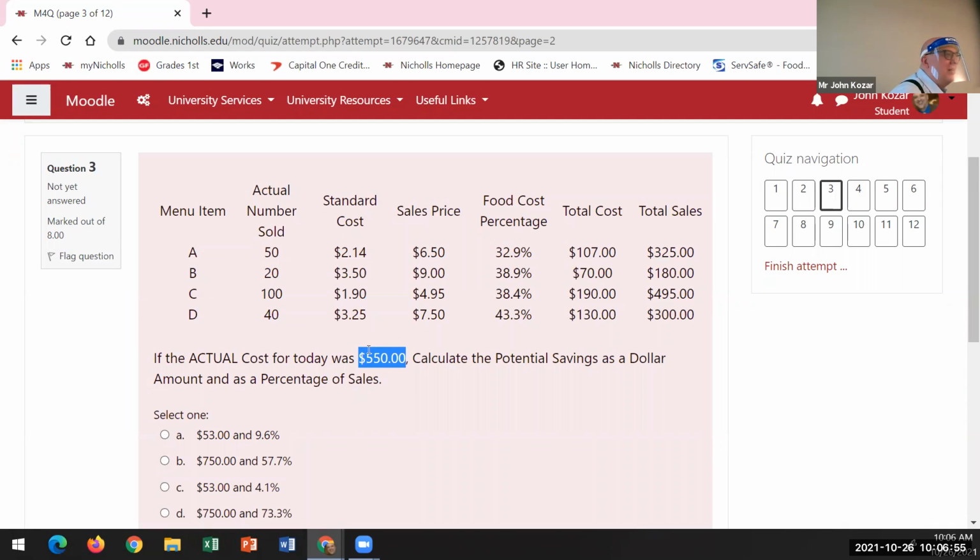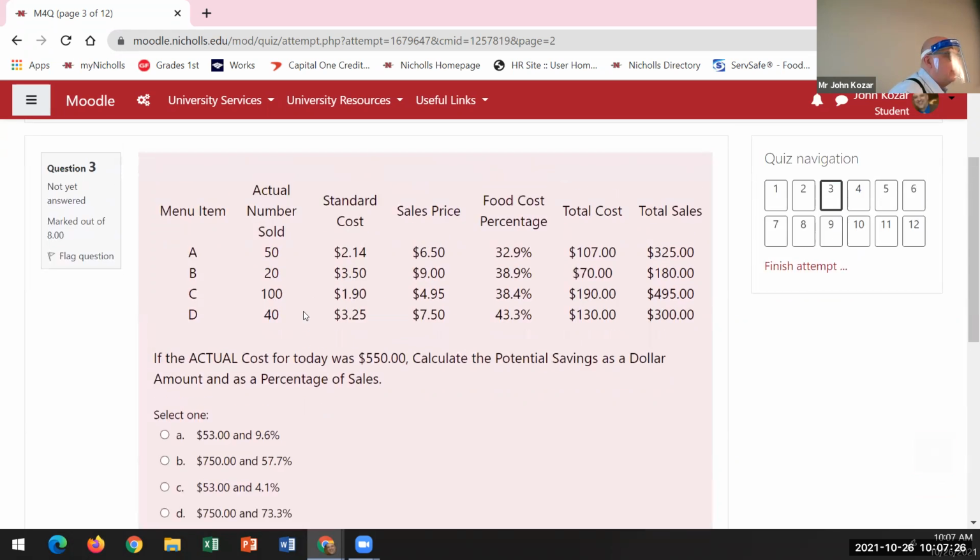And I know we did a potential savings thing. That was a bigger, longer thing. The one that I just asked you, I gave you a handout on it, and you had to calculate the total of your cost and sales, and then you had the chart that said actual sales, food cost, and then the forecast, and you looked at the difference between those two.